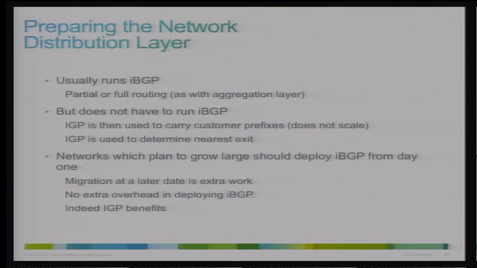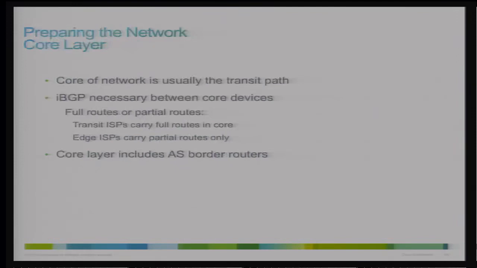So the distribution router usually runs IBGP. It's also used to inject local routes and DSLAM routes and customer routes into IBGP. The core usually is a transit, so it has to run IBGP.